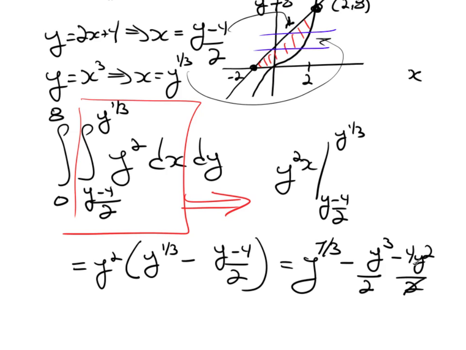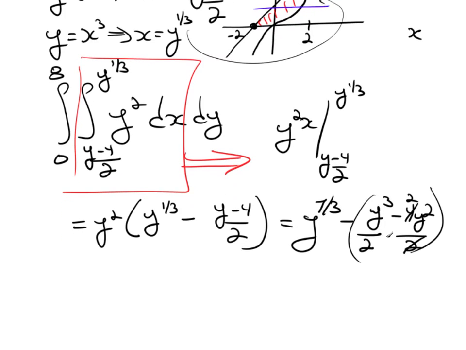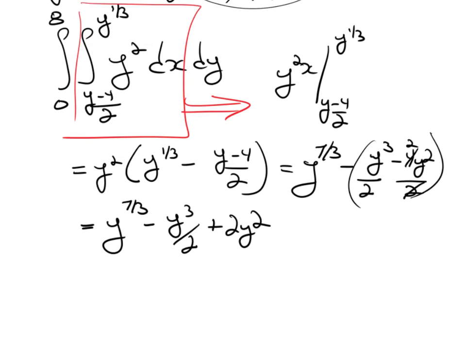This 2 is going to cancel and give me a 2 here, and it's minus all of that. I need to distribute that negative, so it's probably easier to think of this as y to the 7/3 minus y cubed over 2. I have a double negative, plus 2y squared. And I need to integrate that from 0 to 8.